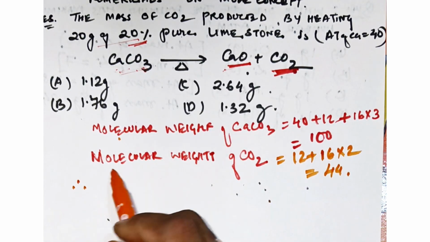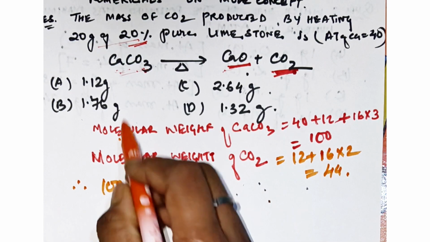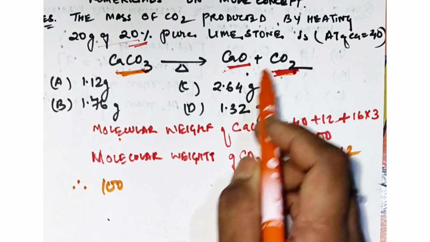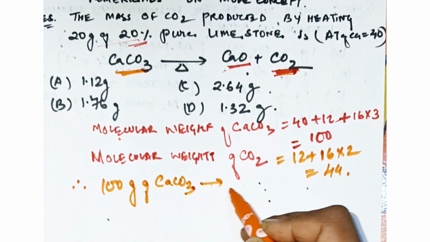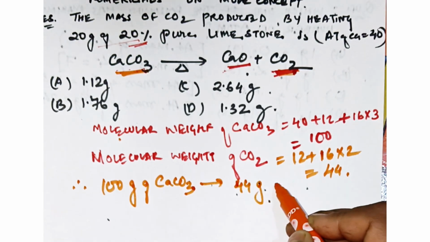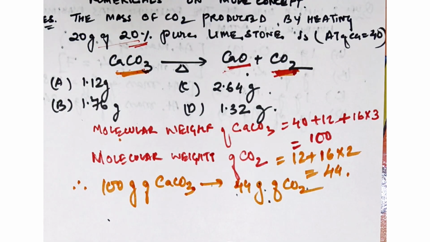So therefore one molecule is giving you this one, right? So 100 grams of CaCO3 produces 44 grams of carbon dioxide.